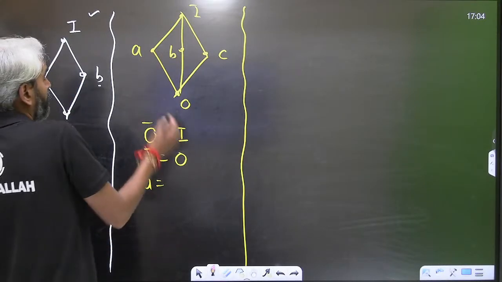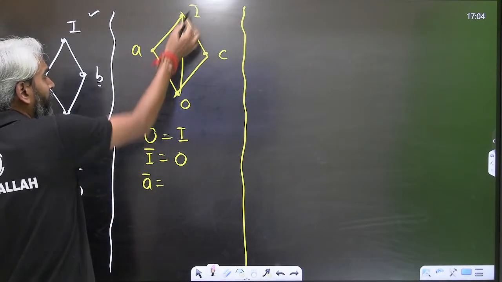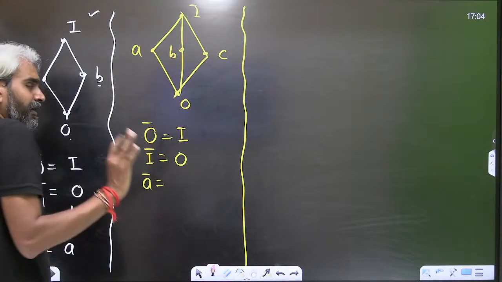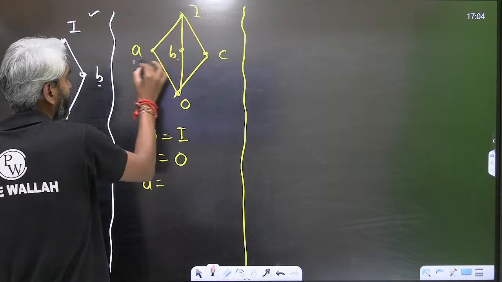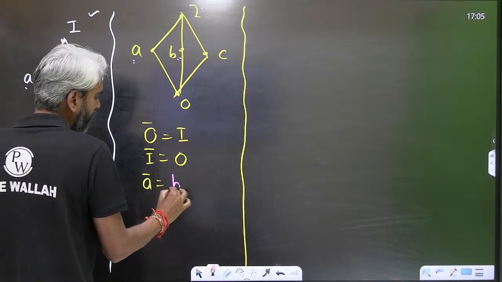Now, the complement of A cannot be I or O because their complements are unique. The least upper bound of A and B is I and the greatest lower bound of A and B is O, therefore B is a complement.